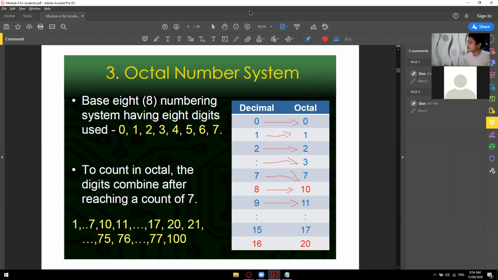Pagka-connect, tapos turn off mic, turn off camera, tapos tulog ulit. Sa mga nandito kanina, may mga clarification? Okay na, sir.